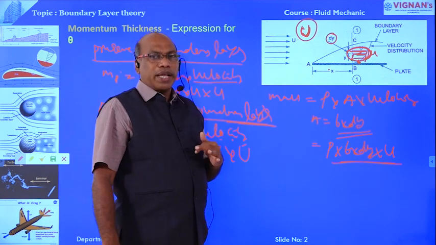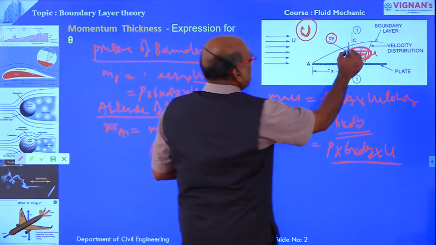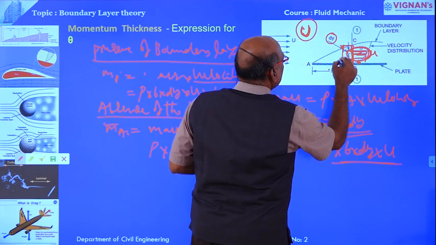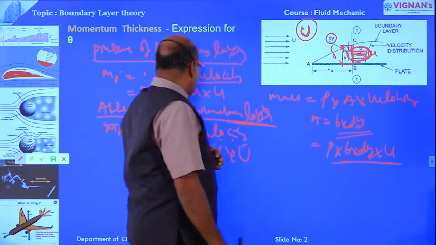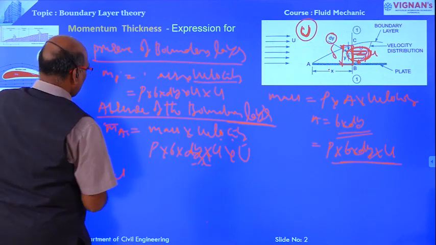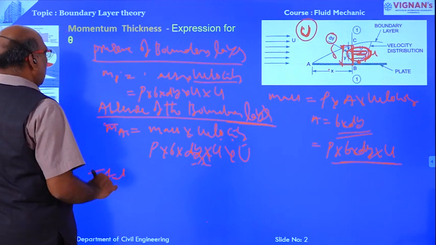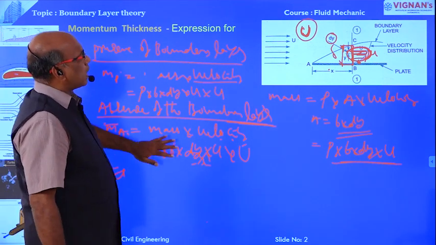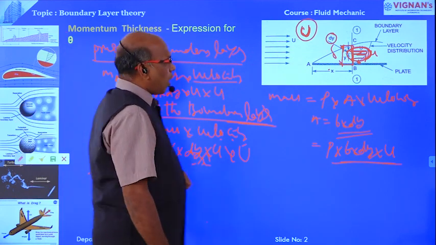Now we are going to take into consideration the entire boundary layer, delta. But before that, first we determine the loss of momentum because of the boundary layer formation.